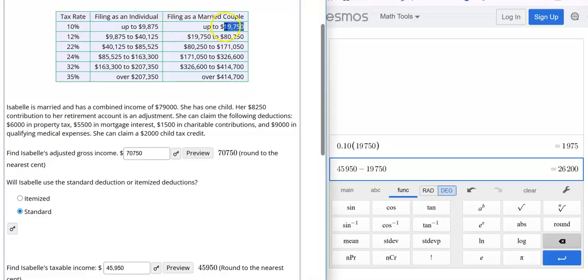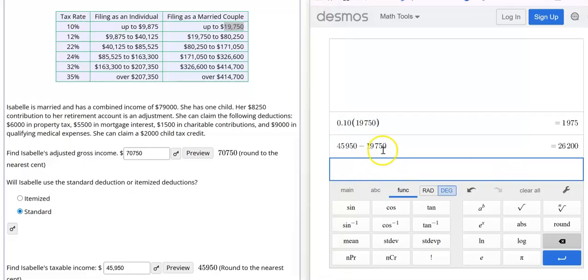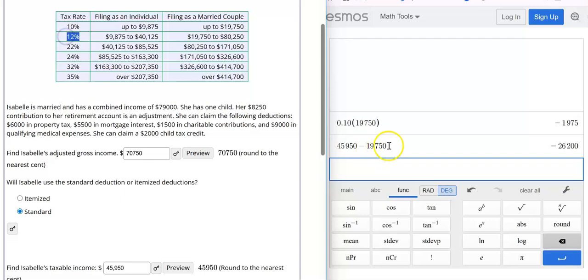From above $19,750 up to $45,950, she has to pay at 12%.